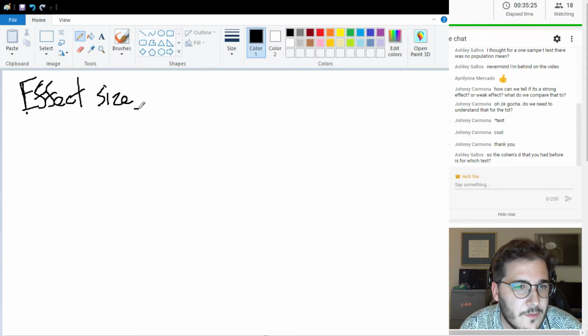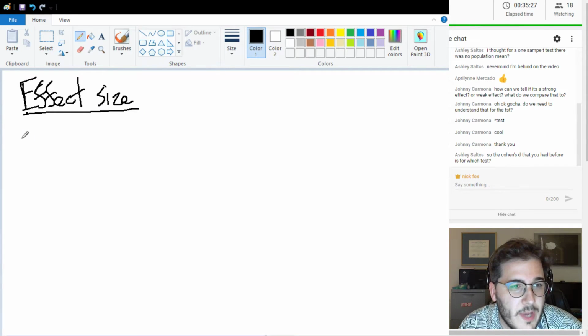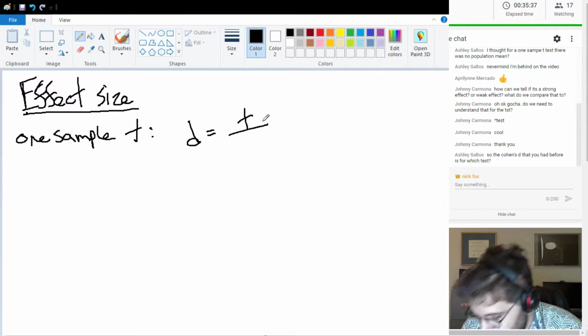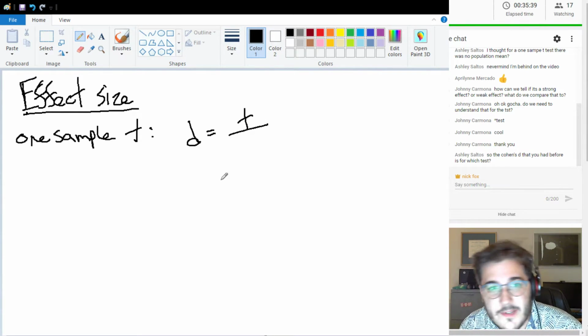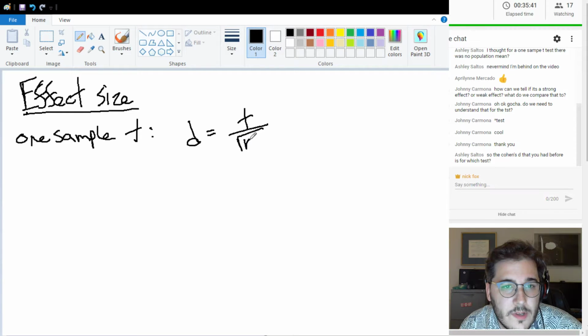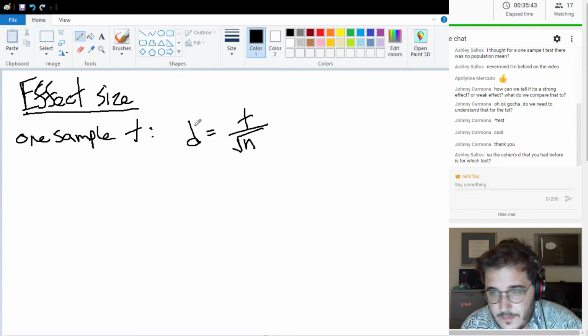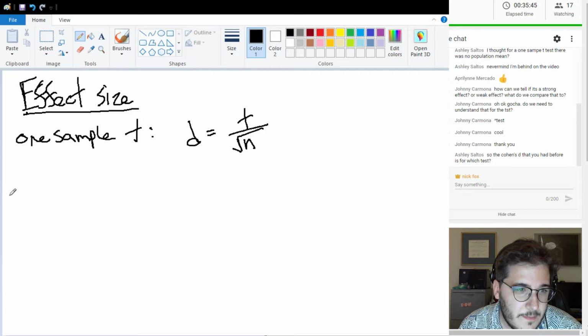Going back for one moment, so we have one sample t. See, so I knew this equation from somewhere. It was for one sample. Okay. Independent sample t.